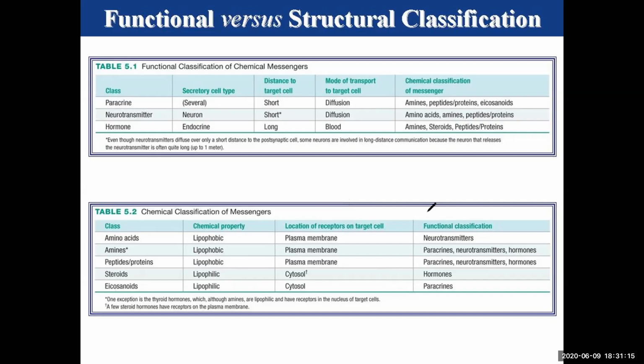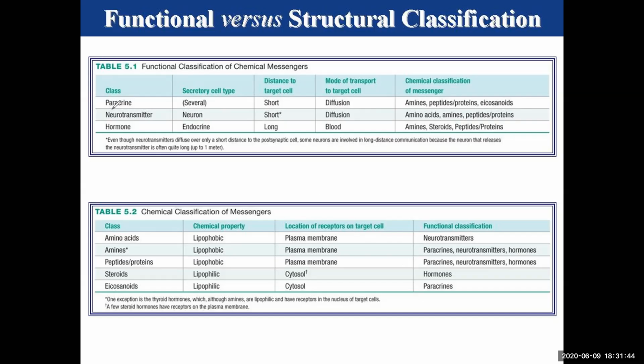So you have here specifically the names: the neurotransmitter that's used by the nervous system, hormones and paracrine used by the endocrine system. Paracrine can also be used by the immune system, and long distance chemical messengers used by the immune system as well.